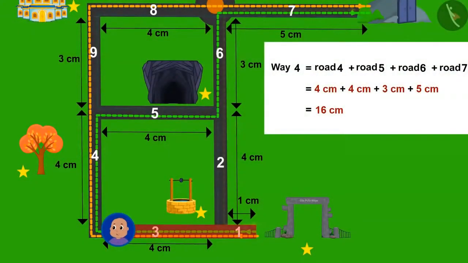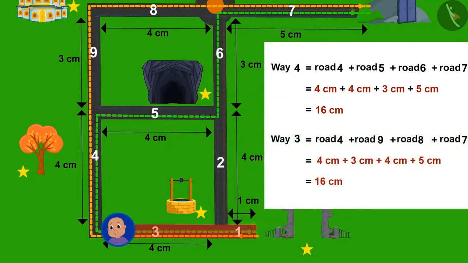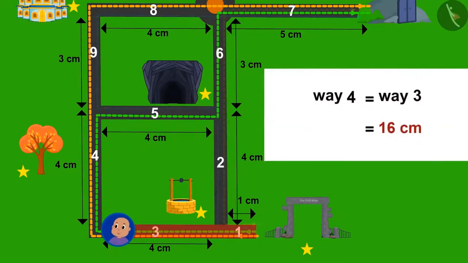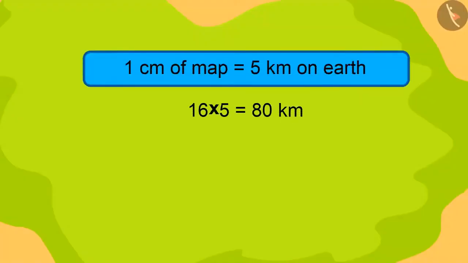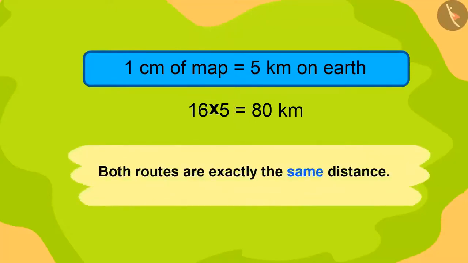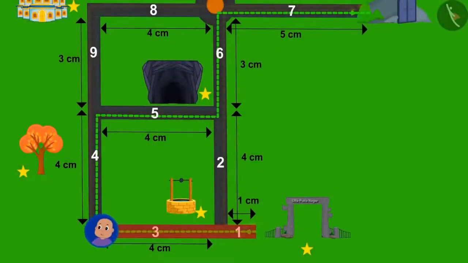Absolutely right. Both paths are exactly at the same distance. The total distance on the map is 16 centimeter. So the actual distance would be 16 multiplied by 5. That is 80 kilometer. Now Bablu tried to go out of road number 3.